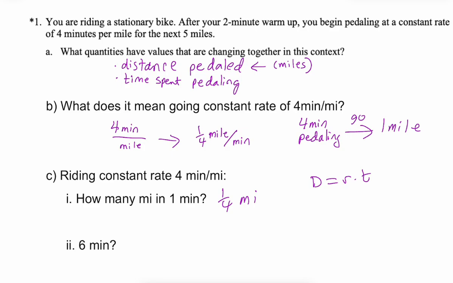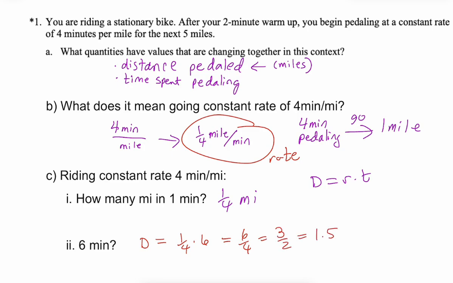So if we have our rate, that is our standard rate, a unit of length per unit of time, we could also do that the distance is our rate times our time, which is exactly right, that you get 6/4, which is 3/2, or 1.5 miles. Now I'm okay with you leaving it 3/2. That's okay with me.